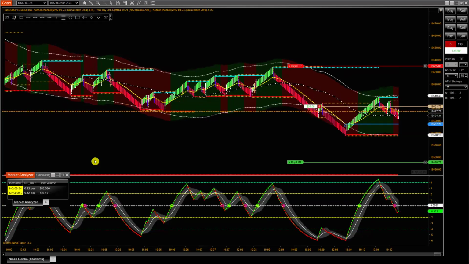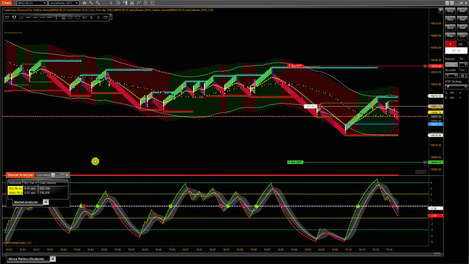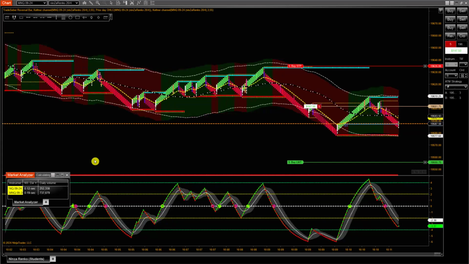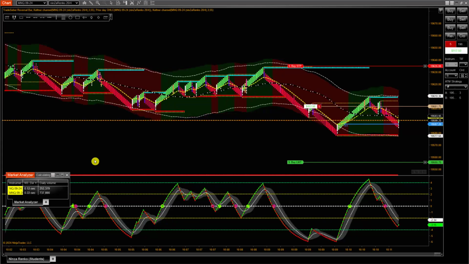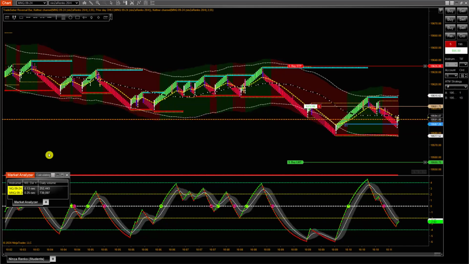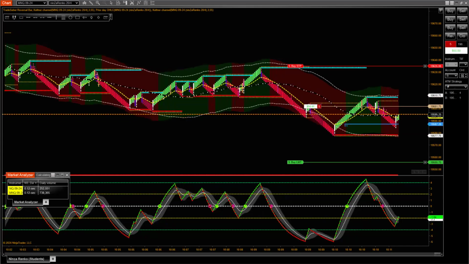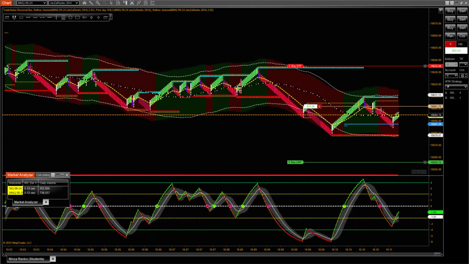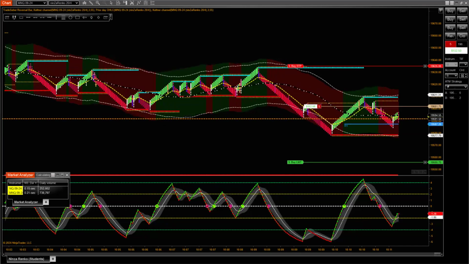That Keltner channel from upper band to lower band, really tight. So might as well put my targets there.